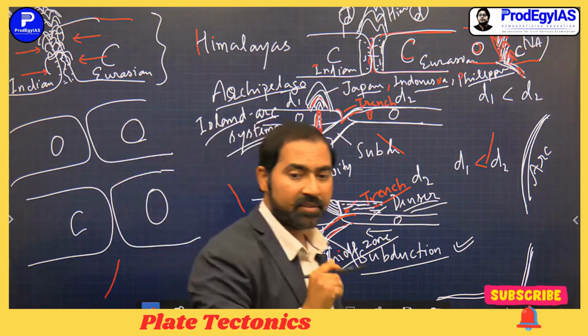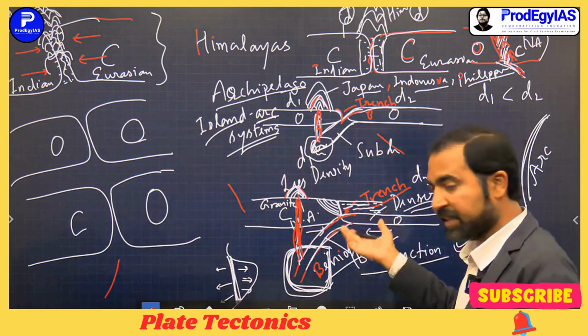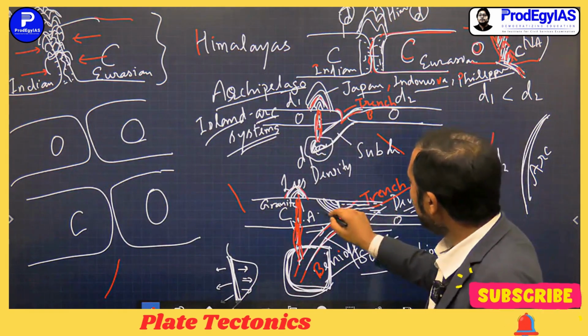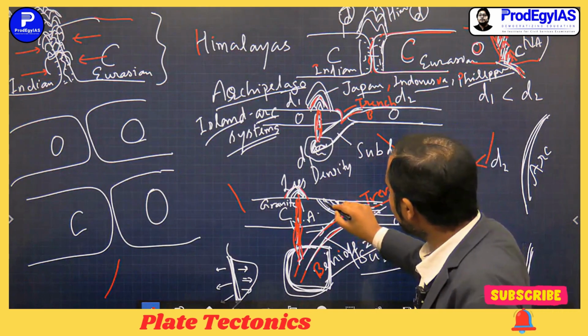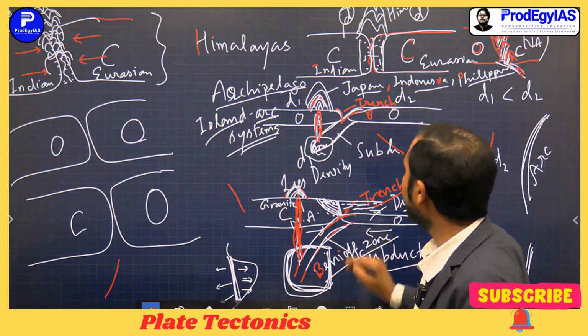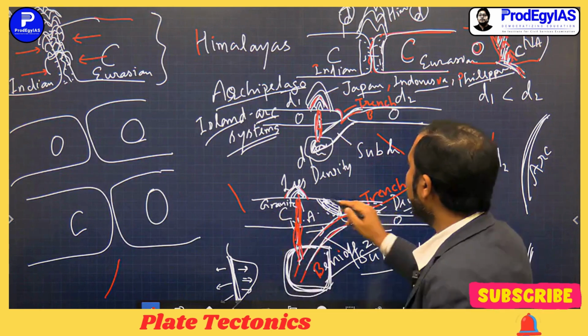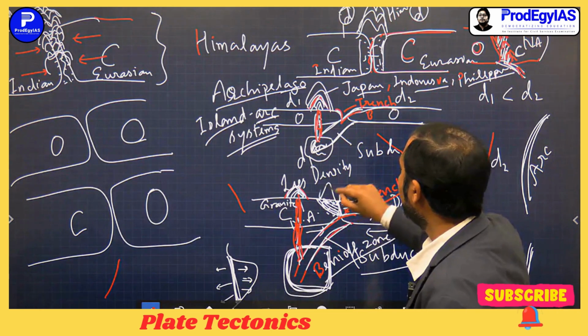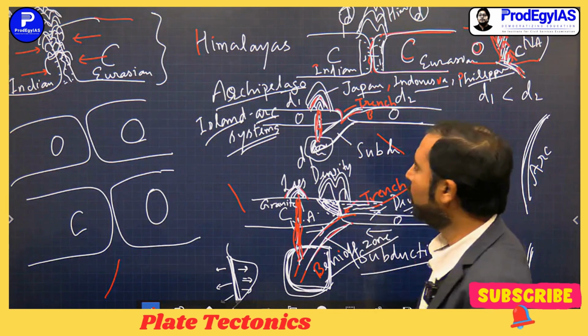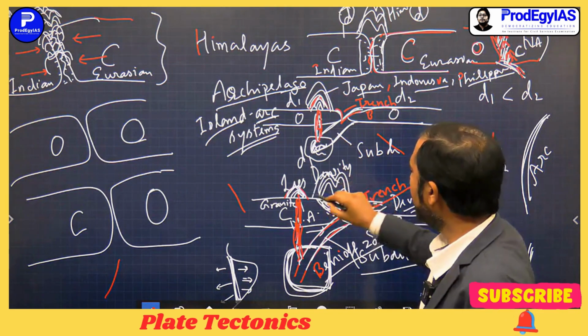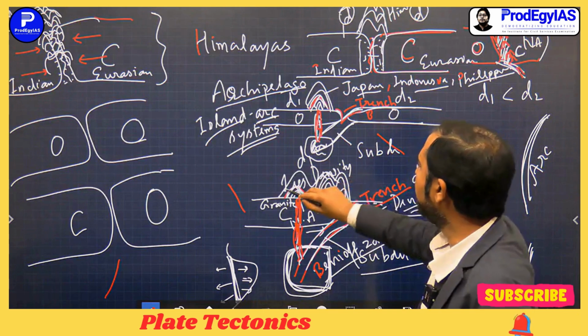It is less dense, you can say fragile, so it will be eroded away and there will be deposition of sediments in this part. When these two parts collide, this sediment will be formed like this fold mountain. Okay, this fold mountain will be very wide.